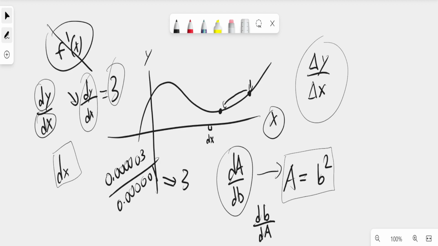Isn't it 2b? Yeah, it's 2b. 2b. And what do you think dB dA is? You're taking the change in b over the change in a. Let me think of a better way to put this, while you guys are doing that.